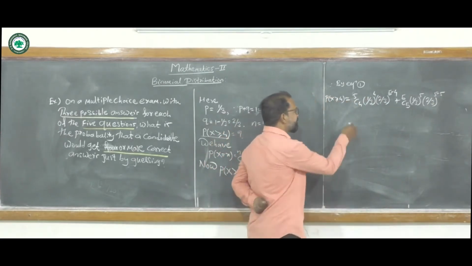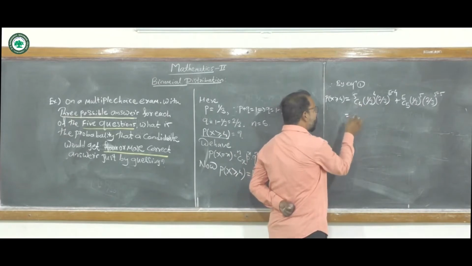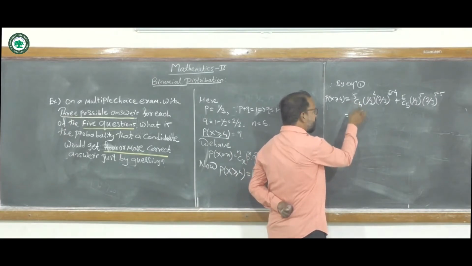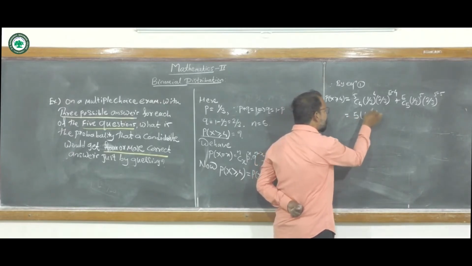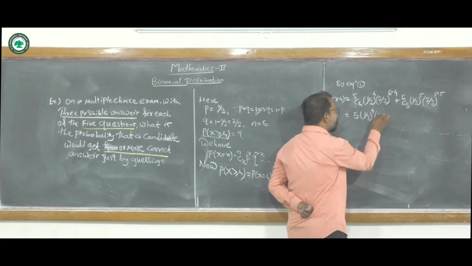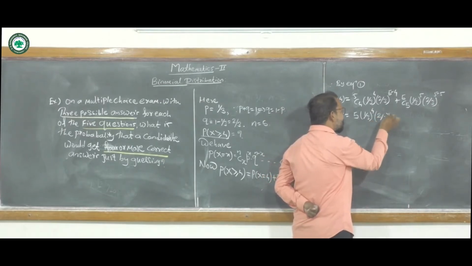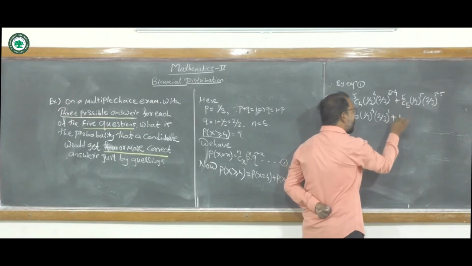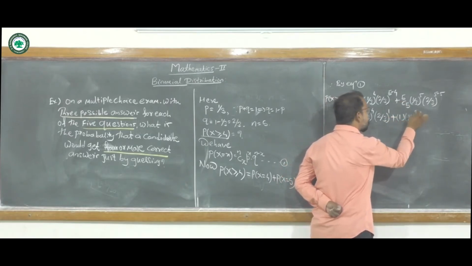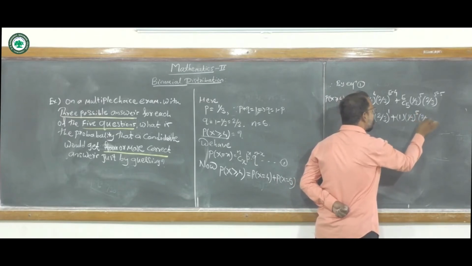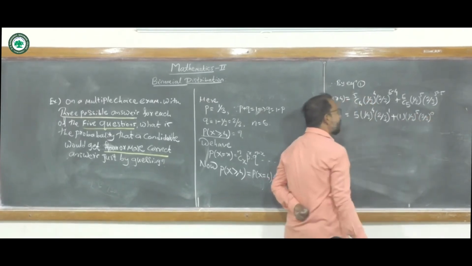Now if we make this calculation, 5C4 is 5, so it becomes 5 into (1 by 3) raised to 4 into (2 by 3) raised to 1, plus 5C5 means 1, into (1 by 3) raised to 5 into (2 by 3) raised to 0.